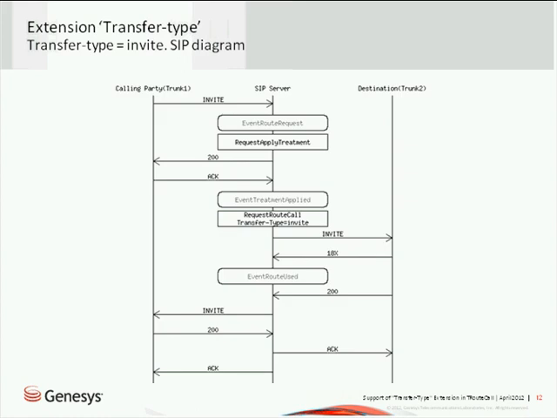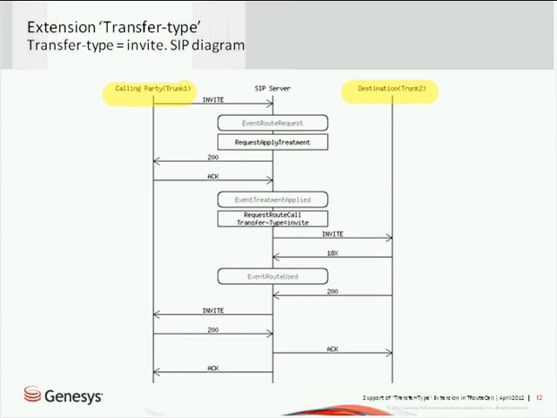Here is how the SIP diagram looks when you specify transfer type invite in your request route call. Basically, you don't see any difference from static configuration, except that no static configuration is specified here.